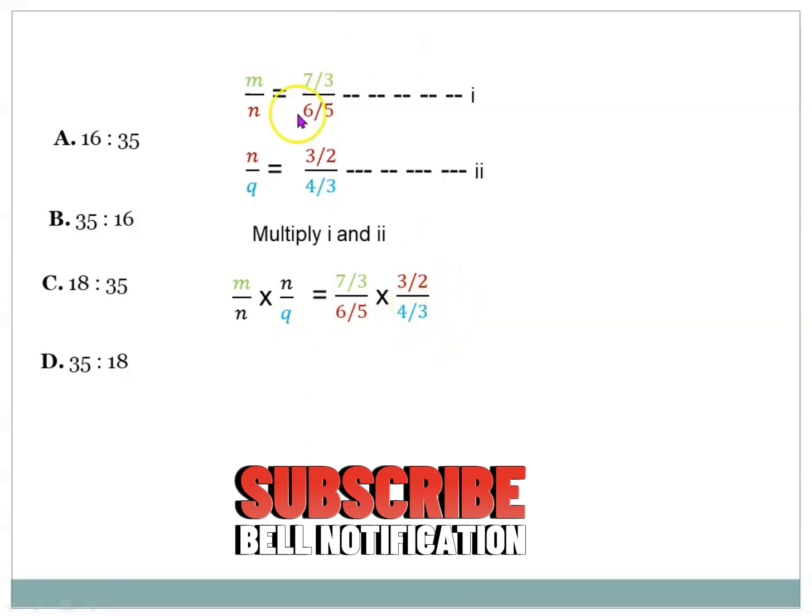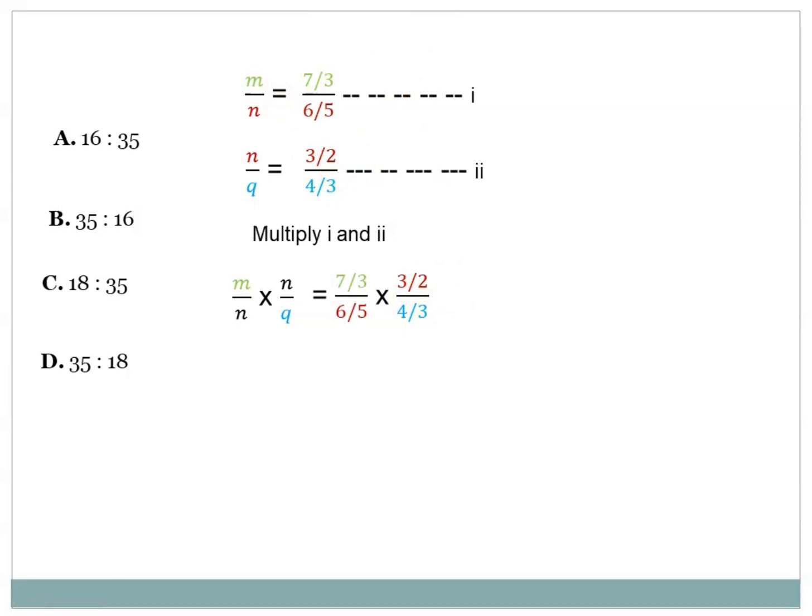The next step is that we see this 7 over 3 with a division line, so when we want to multiply that by 6 over 5, we need to take the reciprocal of 6 over 5.